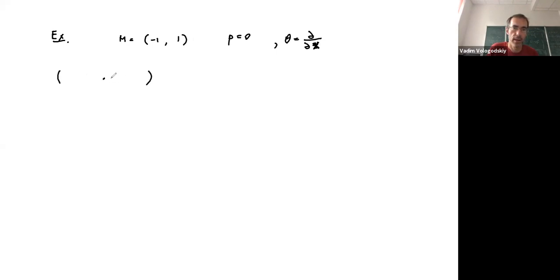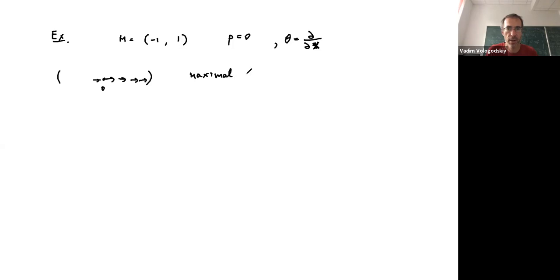Then it's clear that if you start at this point, which is the origin, after time t equal 1, you move outside of this interval.